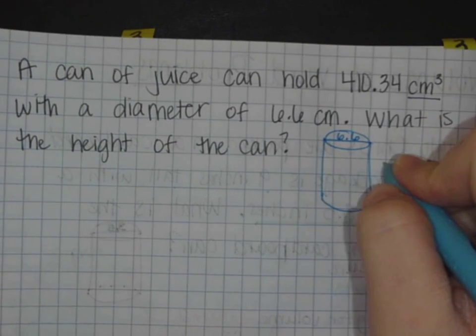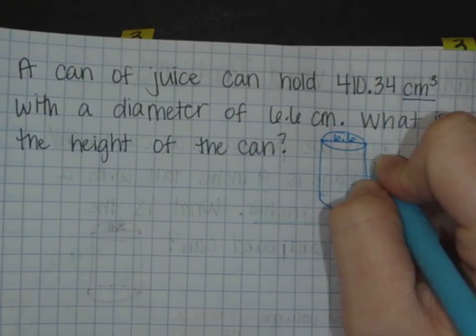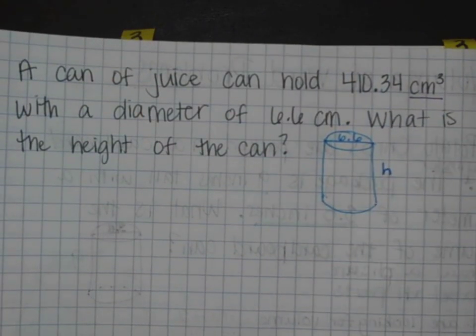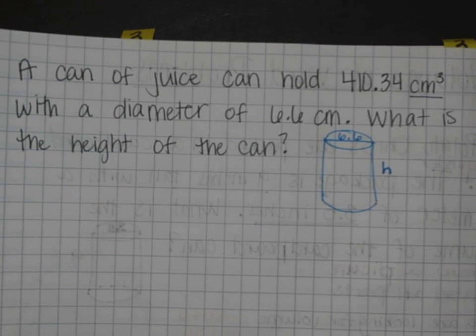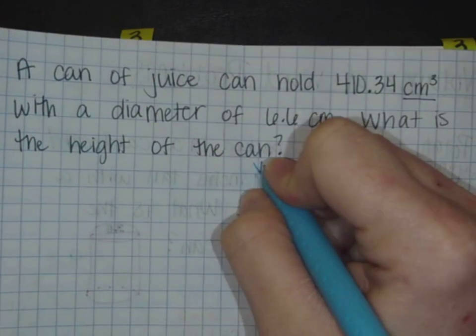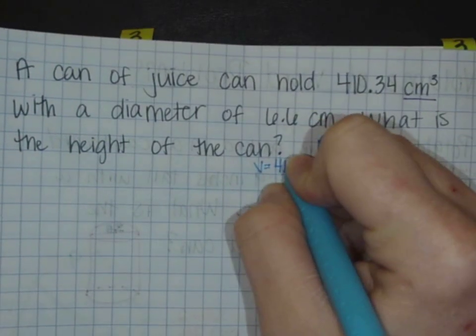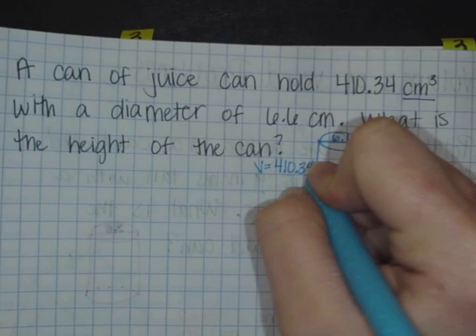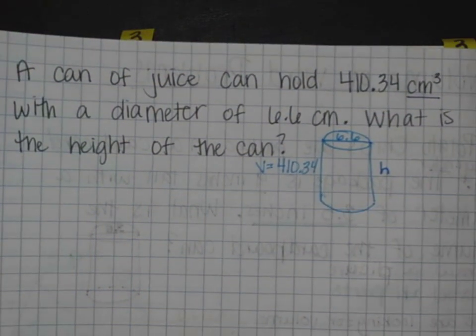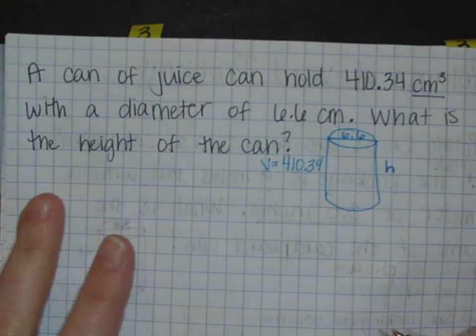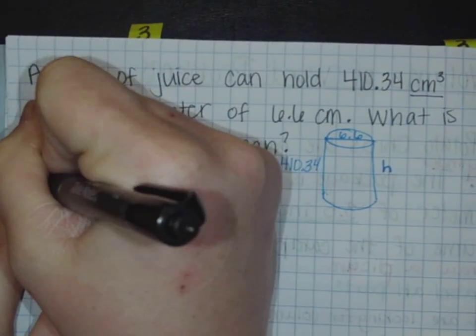What is the height? So we're looking for h. So I'm just going to write it as the letter h to not confuse us. And the volume equals 410.34. So that's our volume. Okay, so we are looking for height.